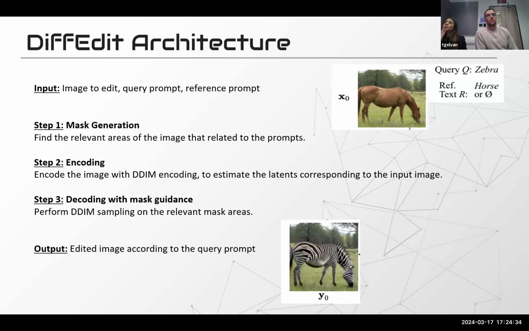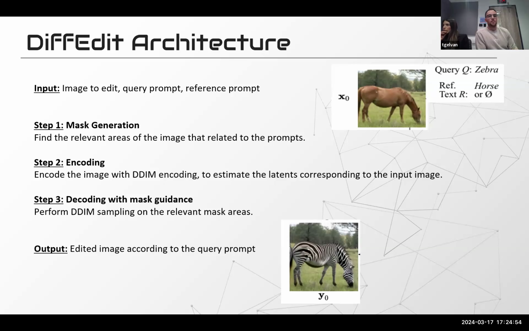So we'll start with step one, to generate a mask for the relevant place to be edited. Then we will do an encoding in step two. We will use DDIM encoding, which is a reverse step of DDIM. We'll explain it in detail in the next slides.